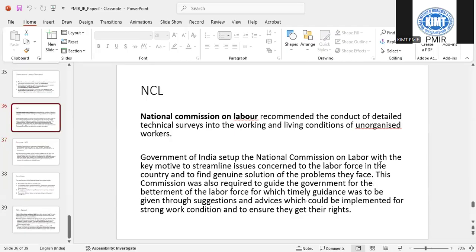The National Commission of Labor, that is NCL. As I told you, we'll read the difference between NCL and the International Labor Organization, ILO. There we can understand what they do. Maybe in the next class we'll continue to discuss that.